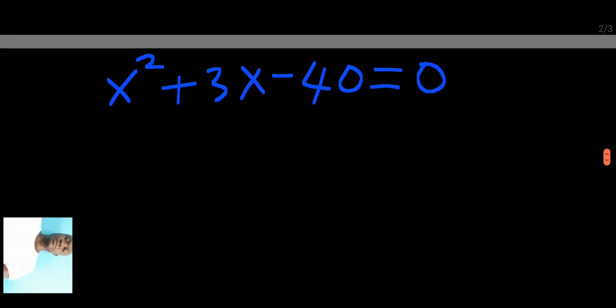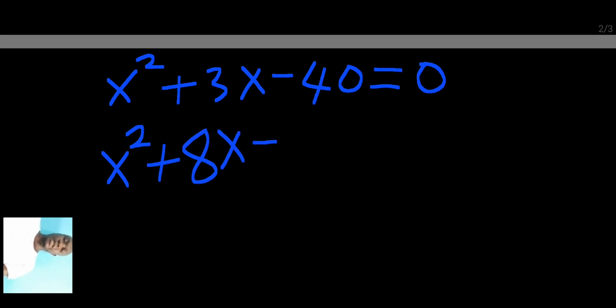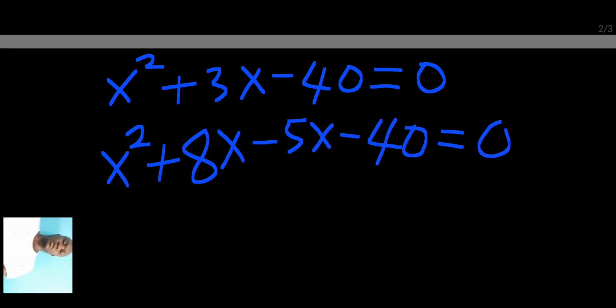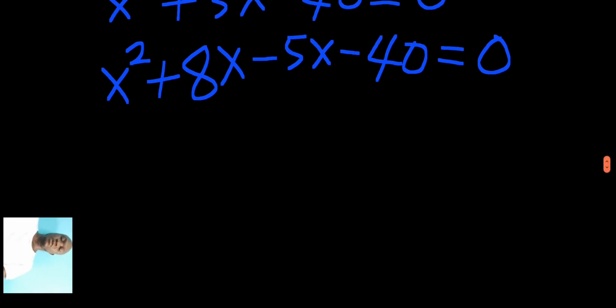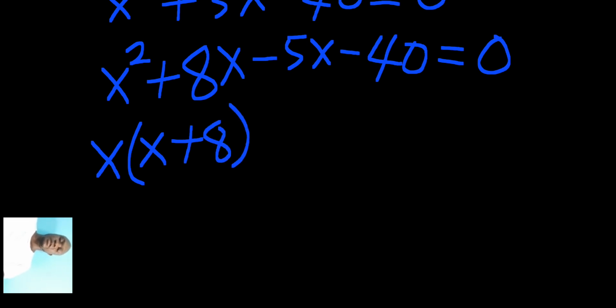So we now have s squared plus 8s minus 5s minus 40 equals 0. s is common, so I'll factor s out: s outside the bracket, s plus 8.